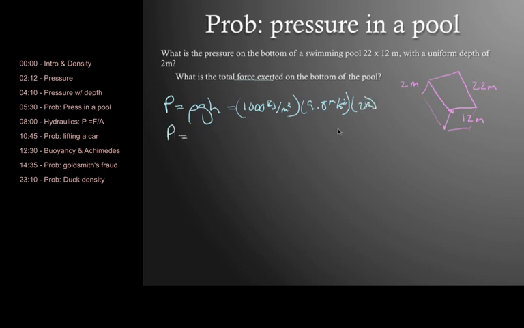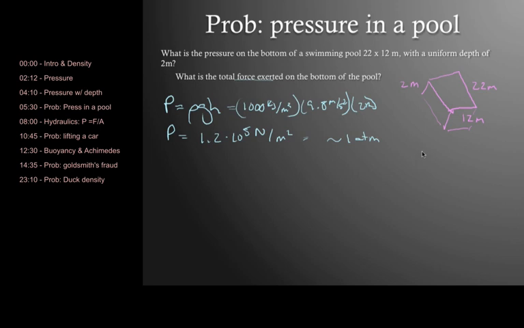So this pressure, just due to the water, is equal to 1.2 times 10 to the 5th newtons per meter squared. We could also convert this into atmospheres, and this is about 1 atmosphere. It's a little bigger.